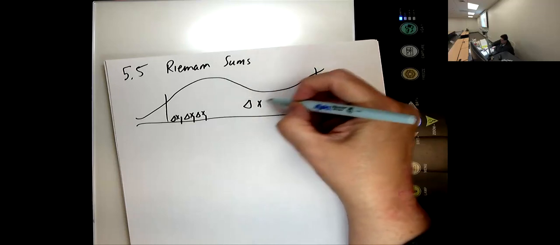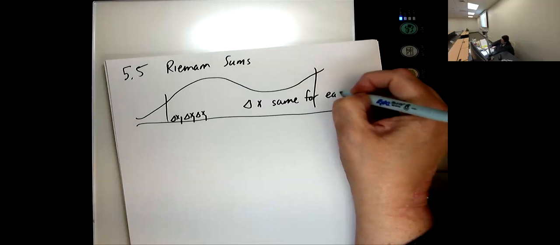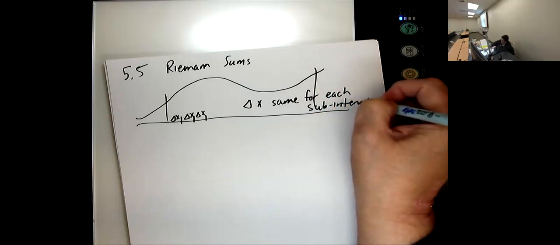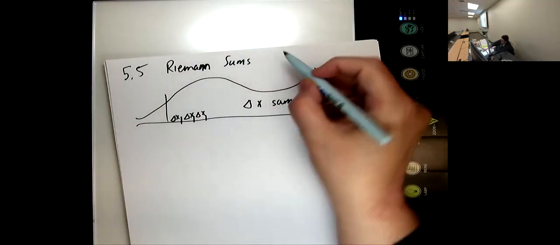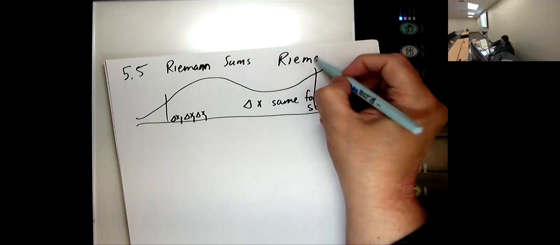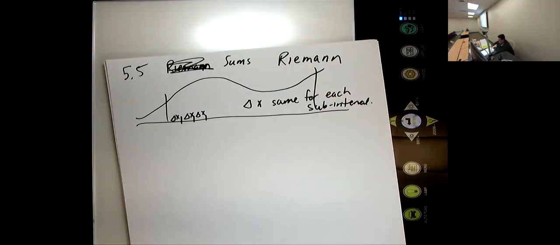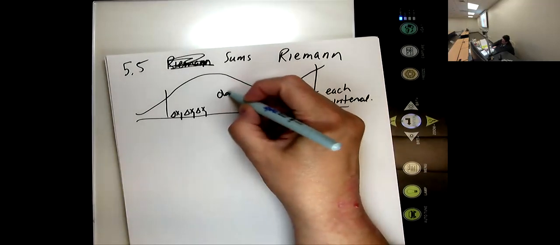Delta x was the same for each subinterval. That's what we were doing. Riemann sums, it's two n's right there. There we go. Riemann. It looked like an M at the end. This was how we did it the old way.